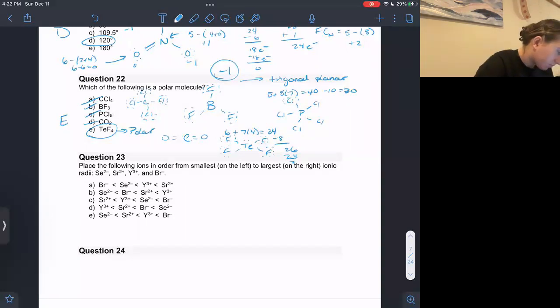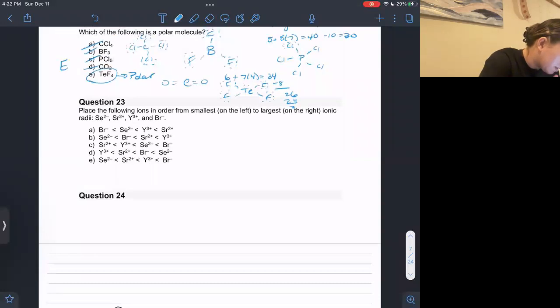Awesome. Okay. Place the following in order from smallest on the left to largest on the right, ionic radii. Okay, so I know that the more positive it is, the smaller the atom. So if I'm looking at Y, this Se, where is Se? Okay, Se is number 34.